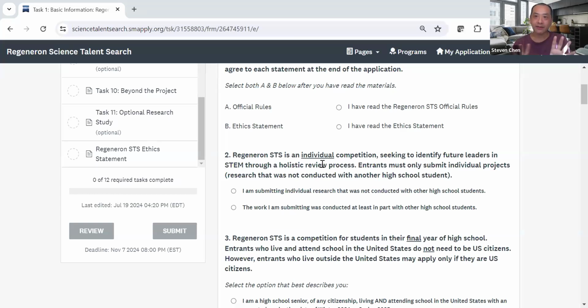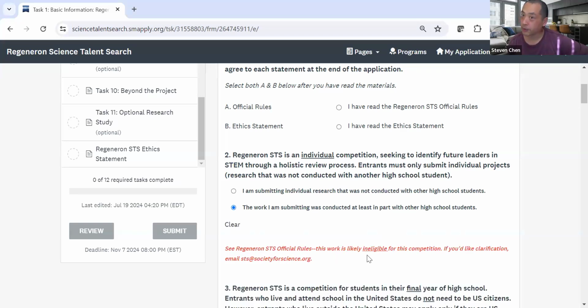They ask various questions around this central point to see whether you submit something that is done by yourself. For instance, here it asks you to choose whether this work was done by yourself only or with another high school student. So basically, you choose the second one.